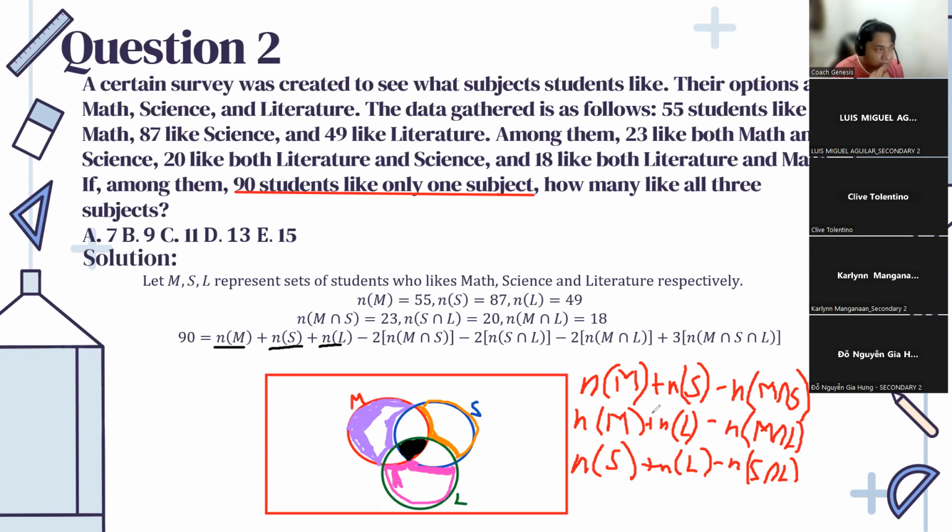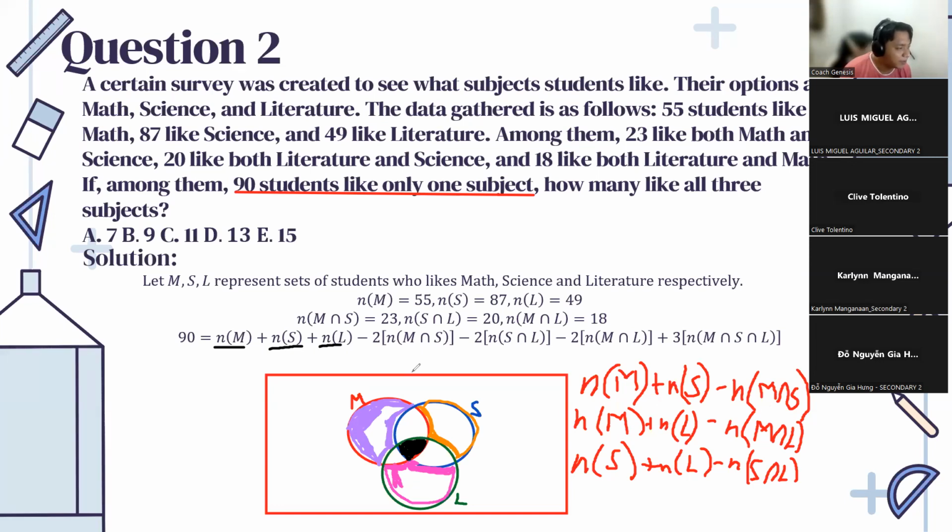I think there's something here. 2M, 2M. If you add all of this, this becomes 2n(M) plus 2n(S) plus 2n(L), and then you divide by 2.